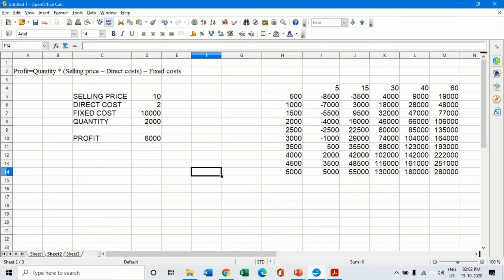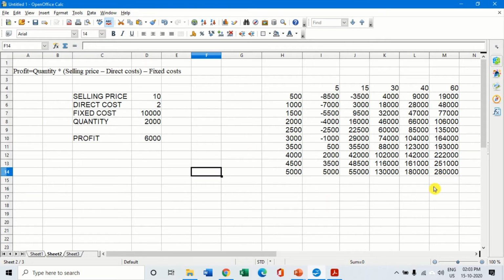You will get to see the different calculations for the different types of prices. So for 5 rupees, all throughout until 3000 you are going to make a loss, and from 3500 onwards you will make slight profits. Whereas if 60 rupees is your selling price, for 500 items also you will make 19,000 as your profit, and 2,80,000 will be your profit if you make 5,000 units.